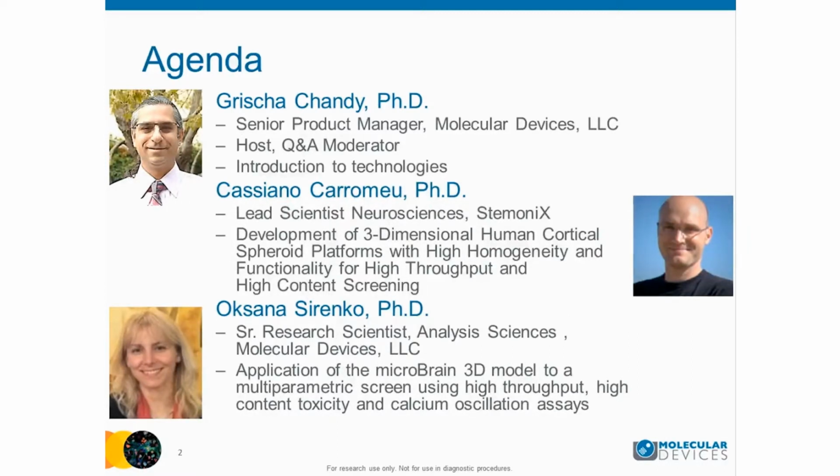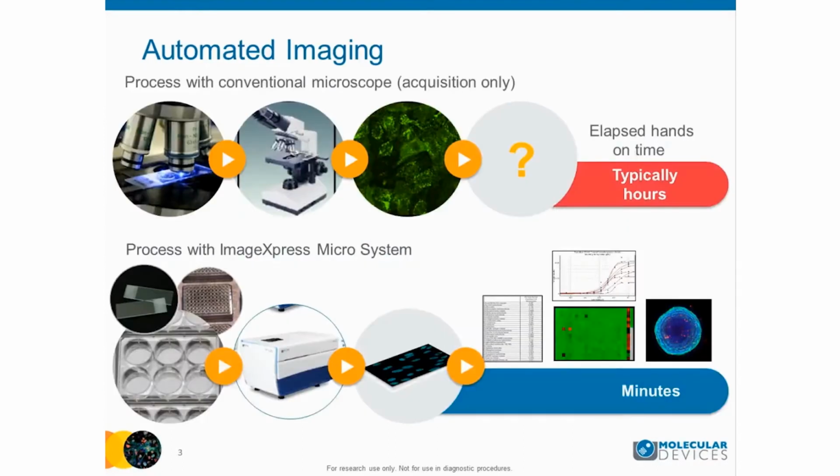So he's going to talk about how he developed this tool. Then we're going to transition over to Oksana Serenko, who is a senior research scientist here at Molecular Devices, who's going to talk about the application of this microbrain 3D model to a high throughput, high content toxicity and calcium oscillation assay.